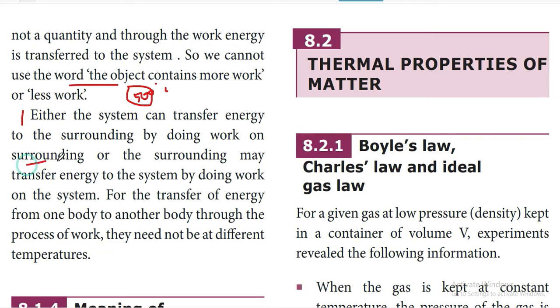When we keep a very hot object in open space, naturally the heat energy from this object will get transferred to the surroundings, right? So that's what it is saying: it can transfer energy to the surroundings by doing some work. We assume it is an imaginary system. Some work is going on within the system, and heat of 500 degrees Celsius is generated and it dissipates the energy to the surroundings. This is one case.